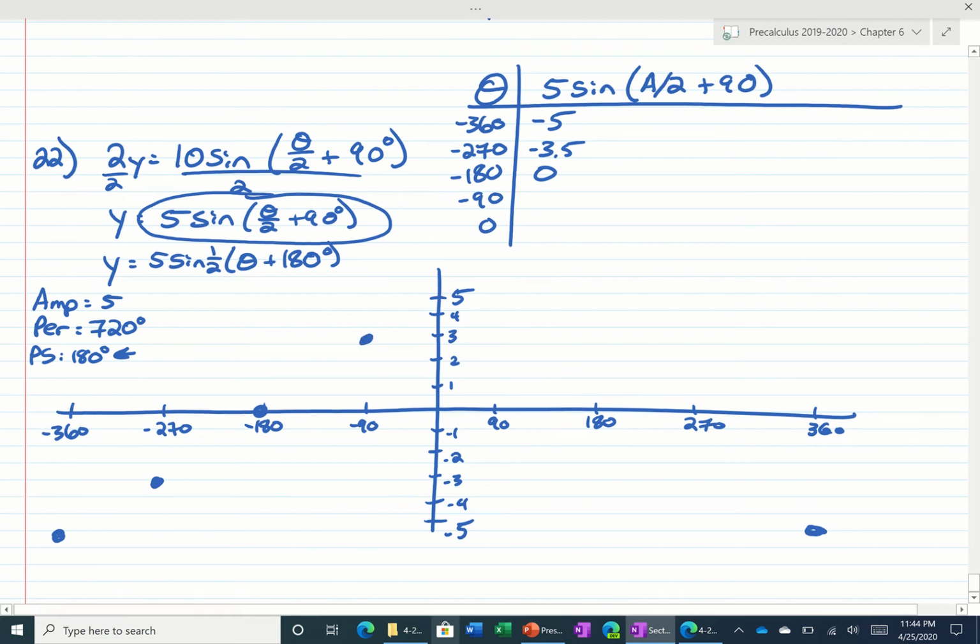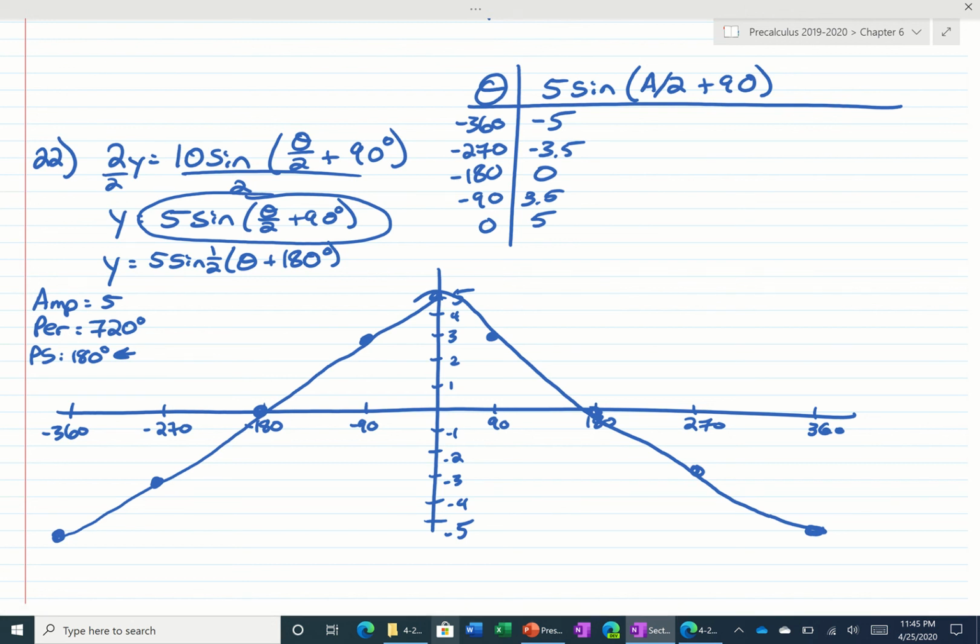And let's guess what it's going to be at 0. 5. All right. And then, of course, it has to come back down. So, I mean, we could just kind of mirror these points over. If you want to plug them into your calculator, be my guest, but with these kinds of graphs, there's a pattern, so you don't have to plug in every single one unless you just want to double check and make sure.